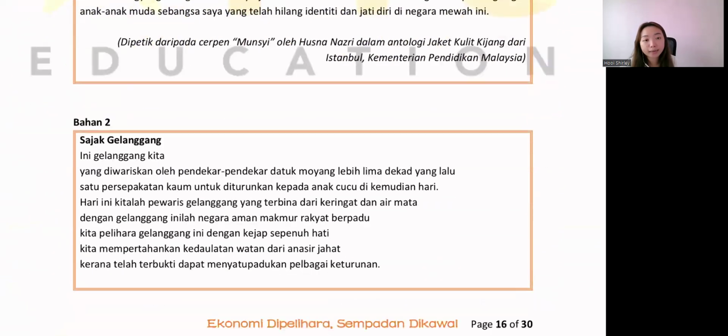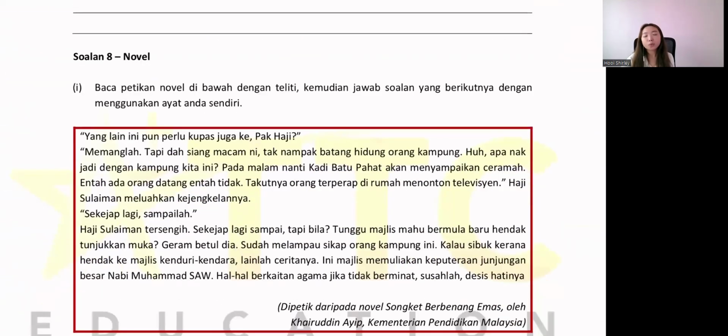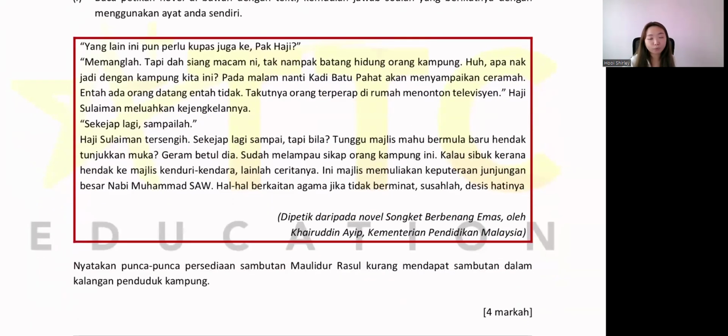Petikan sastera is the same technique, so I will not go through the same thing again. Novel: you know that it will have 2 parts, isn't it? The first question is berdasarkan petikan. Because you know that you will have 4 zones, the first question might be the novel in your zone that you read before, or it can be another zone's novel.